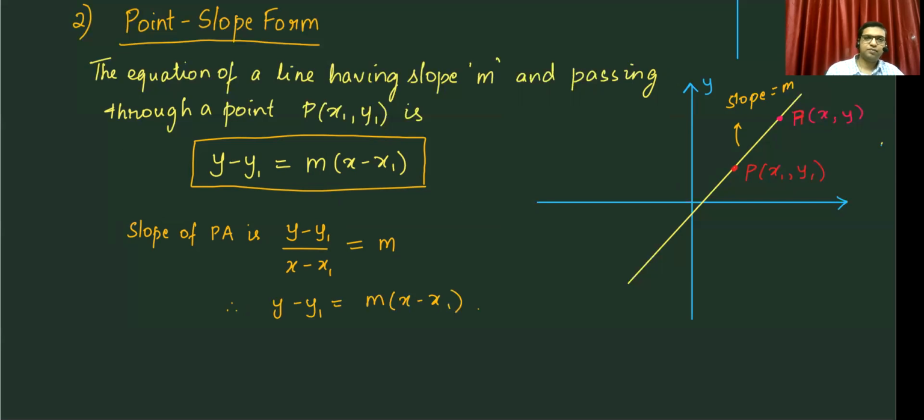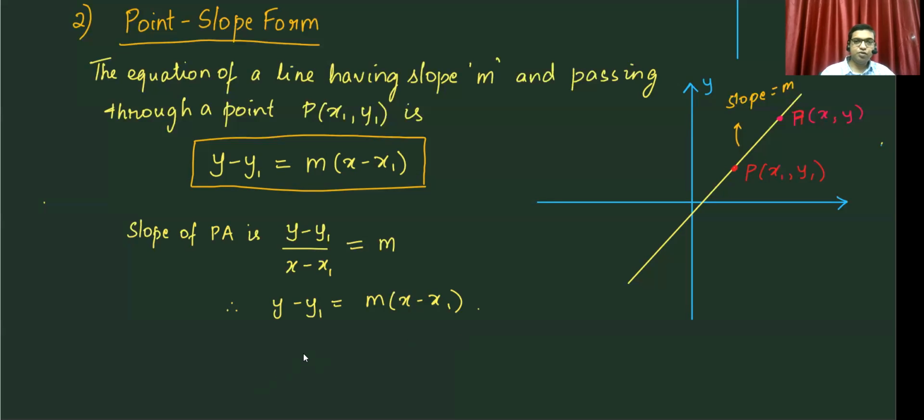That's how you get this result. Very simple. A is any point lying on the line. So the slope of a line joining two points, one point on the line and another fixed point, when you take the slope, it is m. Straightforwardly, you get this result.